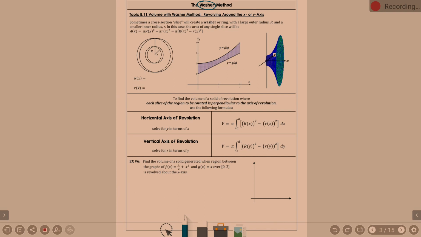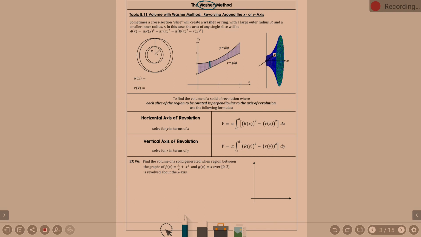So a washer or a ring. What we'll talk about here is a large outer radius, capital R, and a smaller inner radius, lowercase r. So you'll hear big R, little r. And in this case, the area of the single slice. We've been doing pi r squared times the height, right? We're still going to do pi r squared, but in order to get this radius right here, we're going to do the outer one, big R squared, minus the inner one, little r squared.